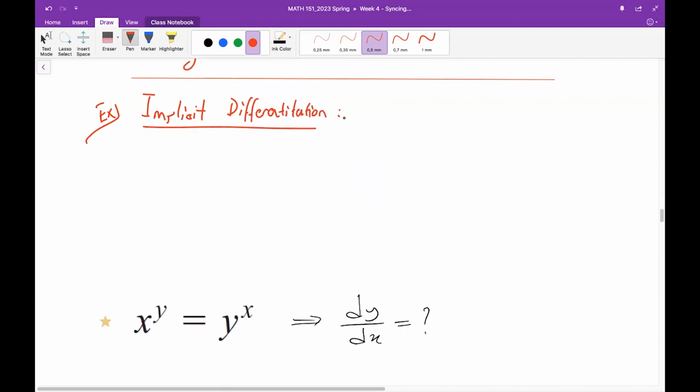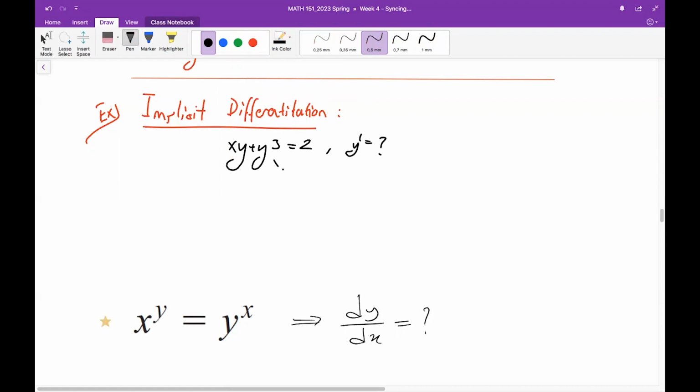Okay, let's recall when do we apply implicit differentiation and what does it mean? Consider this equation, please. I have a question. Okay, this equation is given. We don't know an explicit formula for y, but still we want to find the first derivative of the y function here.